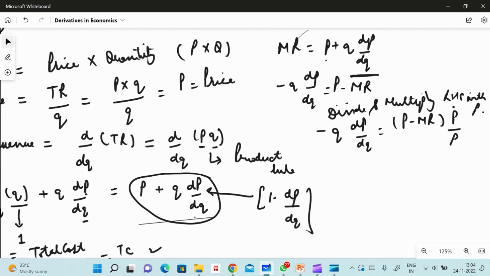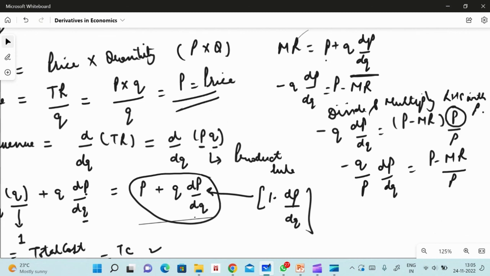Now the next step is that I have to take this P on the left hand side, right? So it gives me minus Q by P into dP by dQ is equal to (P minus MR) divided by P. And we know this thing that P is equal to average revenue.